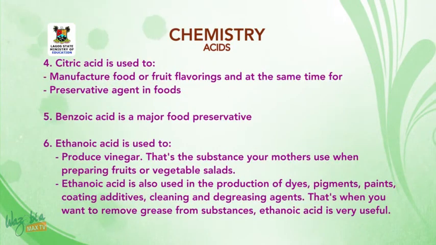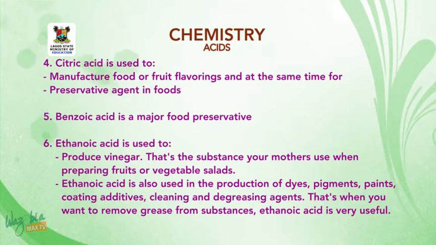Citric acid, number 4, is used to manufacture food or fruit flavorings and at the same time as a preservative agent in foods. Benzoic acid is a major food preservative. Ethanoic acid is used to produce vinegar.